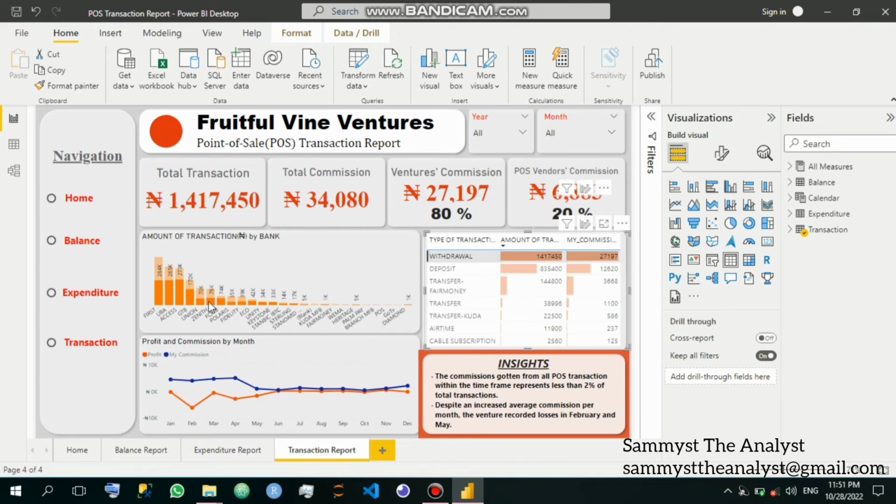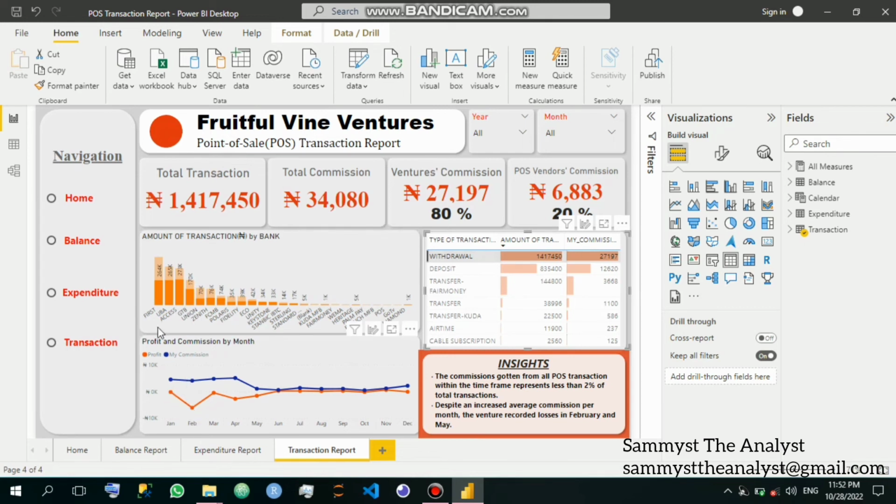Now, when you look at it by banks, you'll discover that Access Bank actually has the highest amount of transaction by withdrawal.